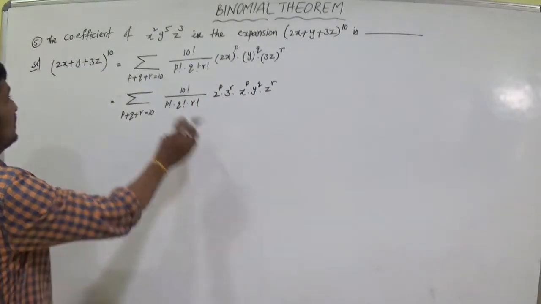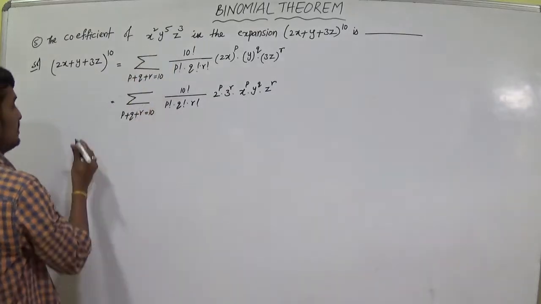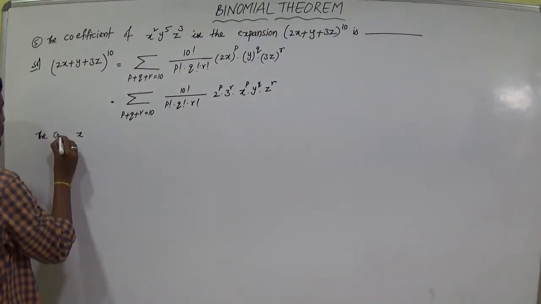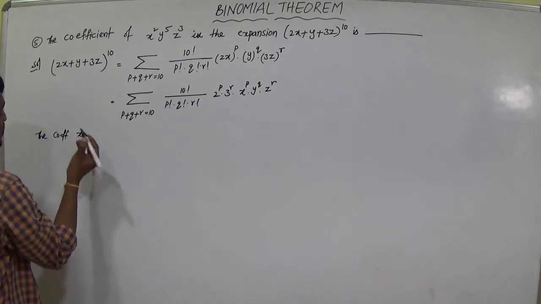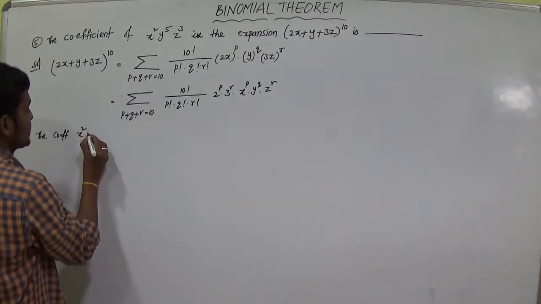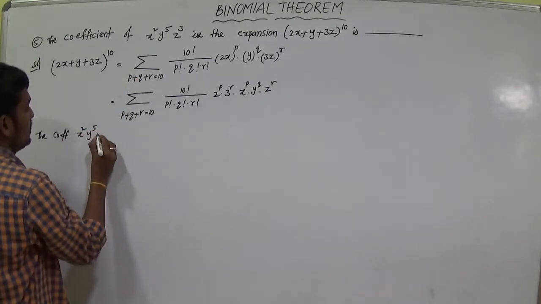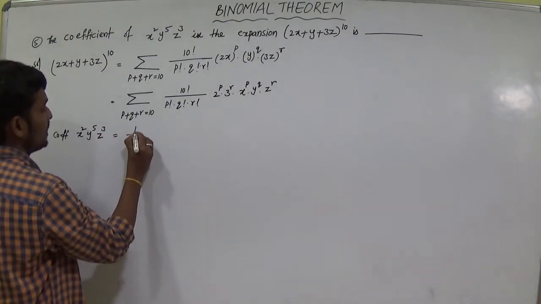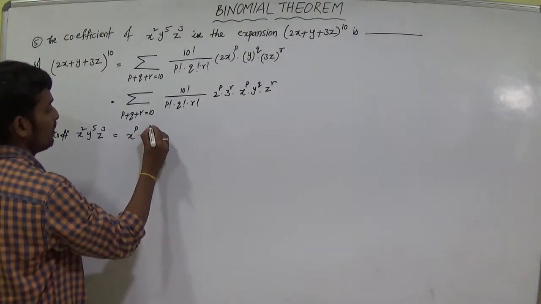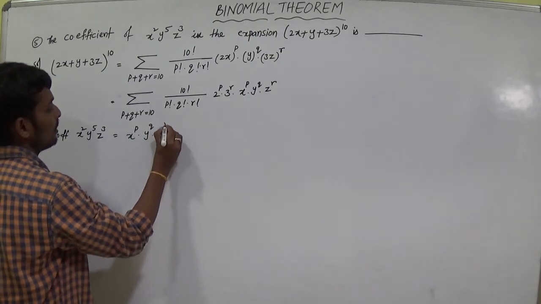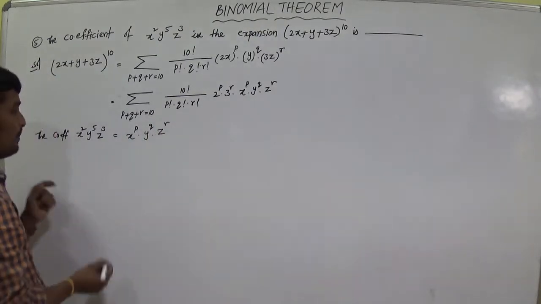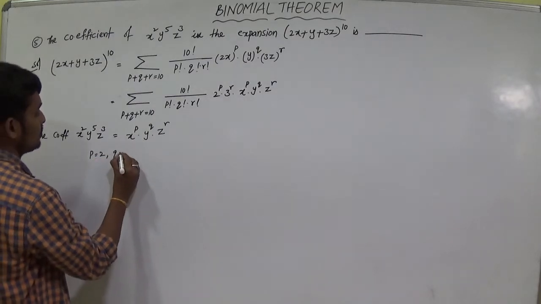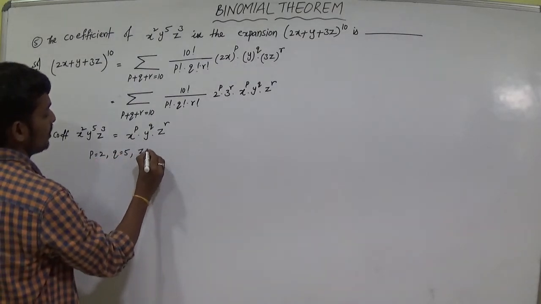Actually they want the coefficient of x square y power 5 z cube, but we have x power P into y power Q into z power R. That means P should be equal to 2, Q should be equal to 5, R should be equal to 3.